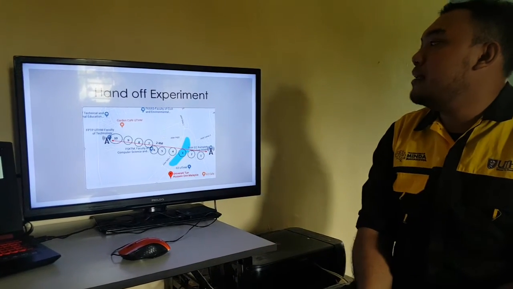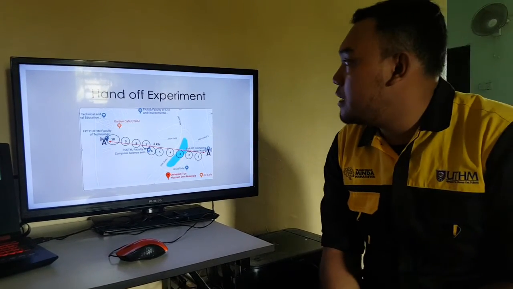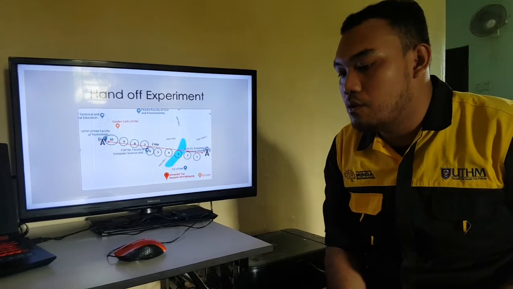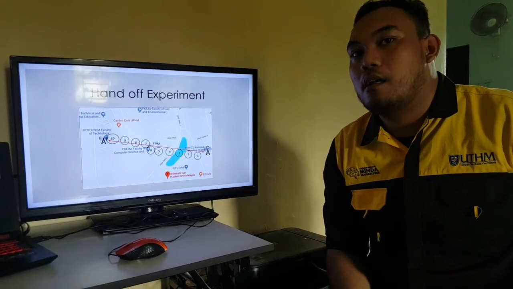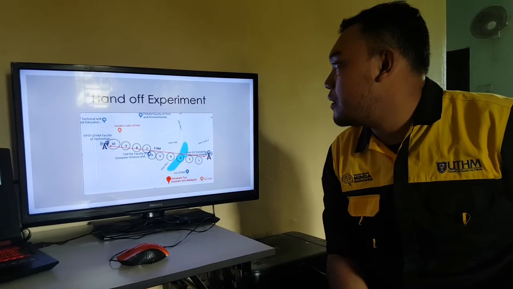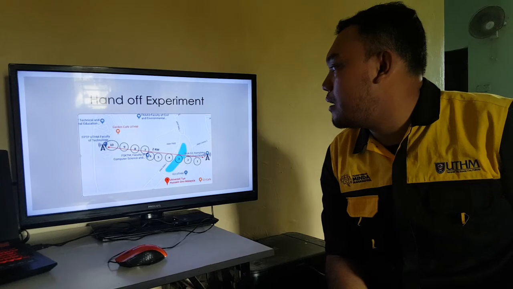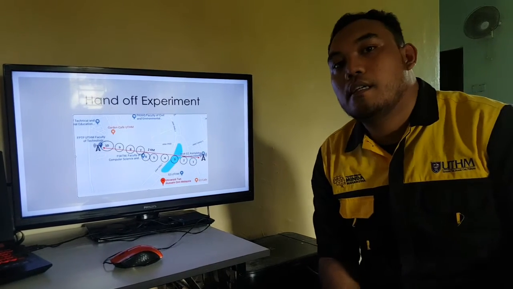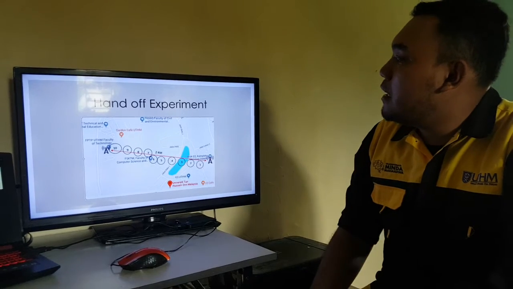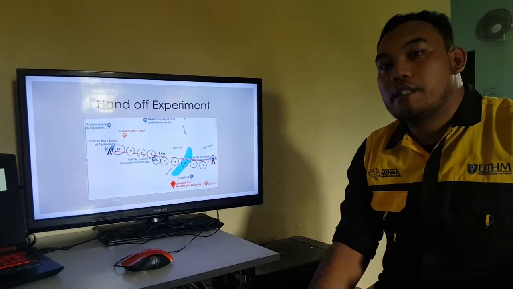Okay, another experiment we performed was the hand-off experiment. The objective of this experiment was to find out the hand-off inside UTHM. First of all, we need to determine two base stations.